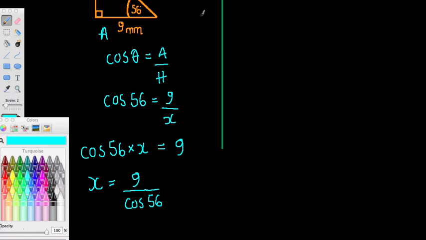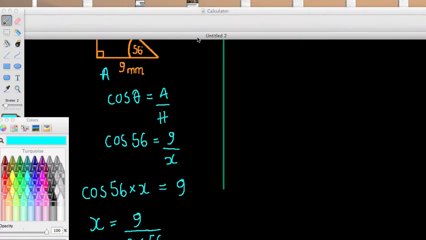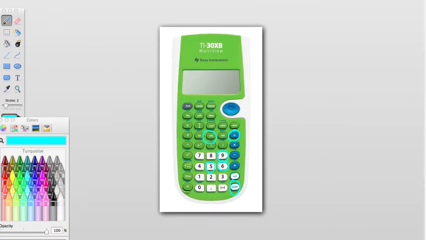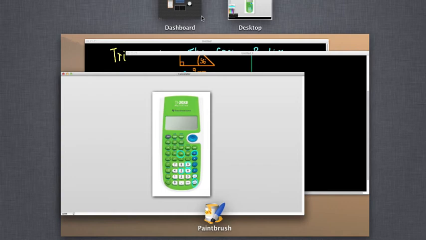At this point here, you need your calculator. Okay, so you'll press 9 divided by cos 56 and then enter. I've got that same calculator with me here, so I'm going to put that in and press enter, and what I get, hopefully you got the same thing. Let's bring our screen back.